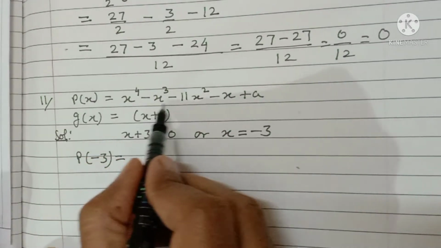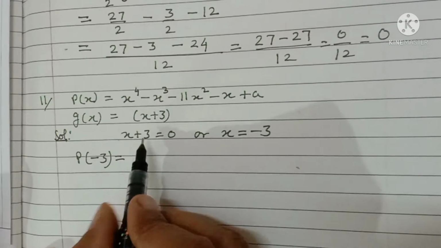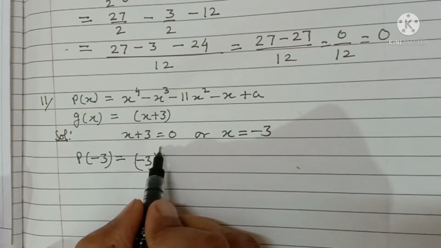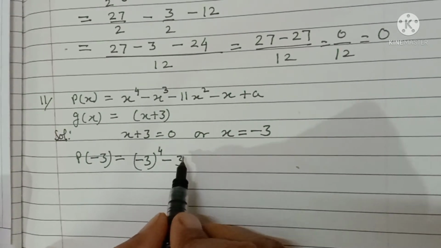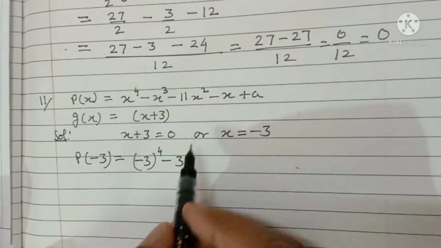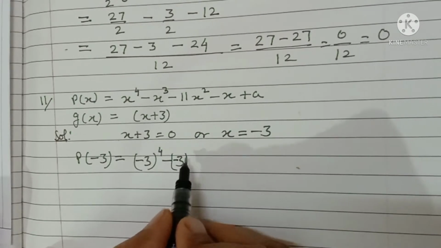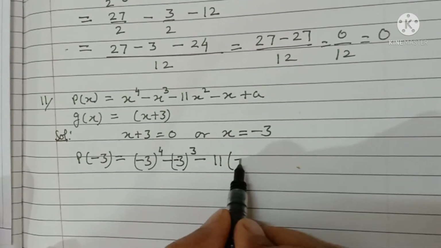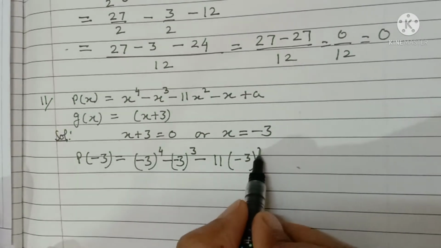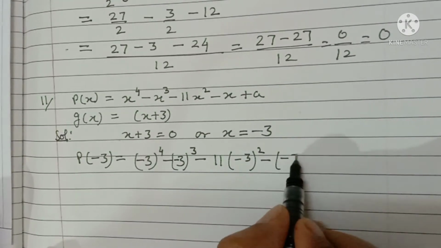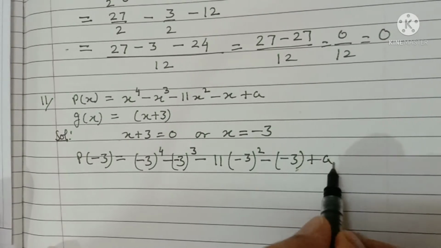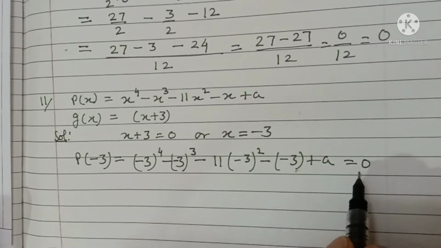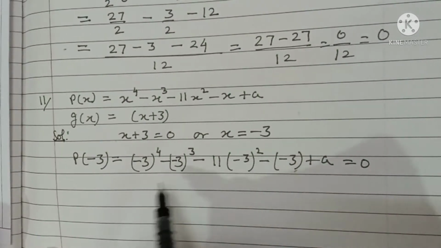Substitute this value in the expression: (-3) to the power of 4 minus 3 times (-3) cube minus 11 times (-3) square minus 3 plus a. This will be equal to 0 because the remainder should be 0.